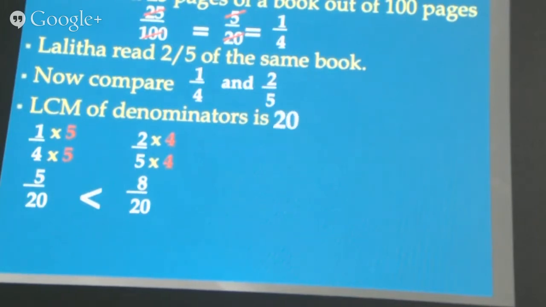I repeat, some of you suggested that we can convert into decimals. That is correct. And second thing is that 2/5 of 100 pages is equal to 40. That way also you can take, or else you can take the fractions.